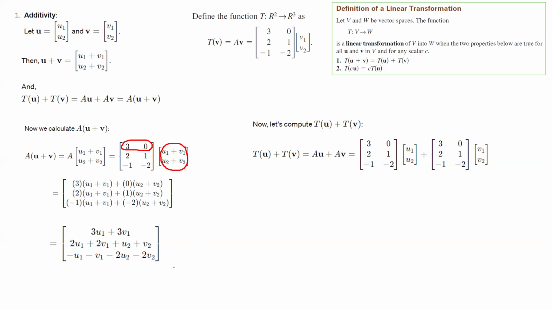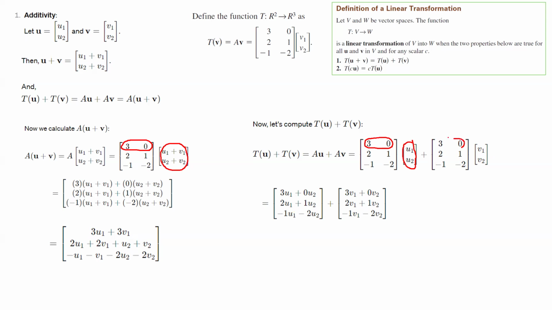Well, let us begin. I'm going to multiply A by u, then multiply A by v, and then add the results together. Again, the same process as we saw before. The first row times the first column gives you 3u1 plus 0u2. The second row by the column gives you 2u1 plus 1u2, and so on.